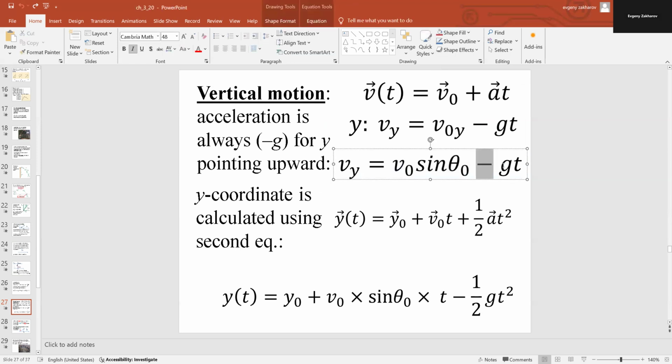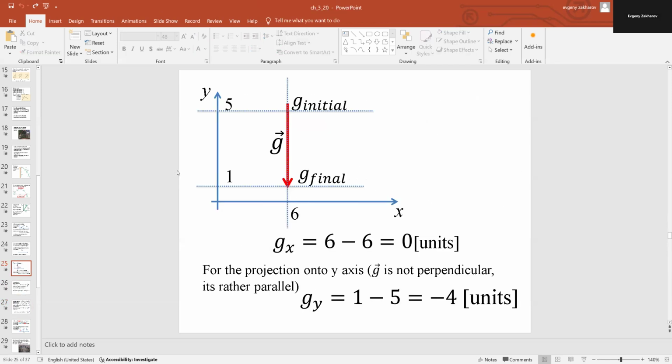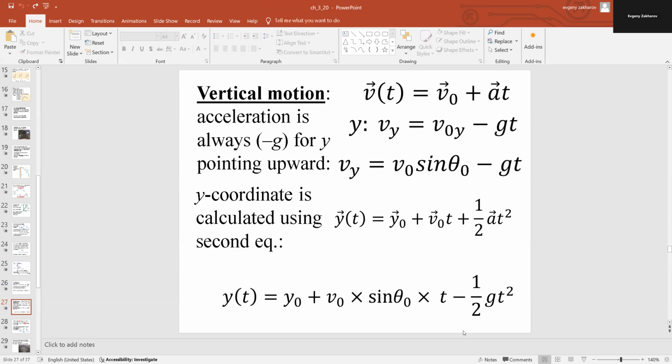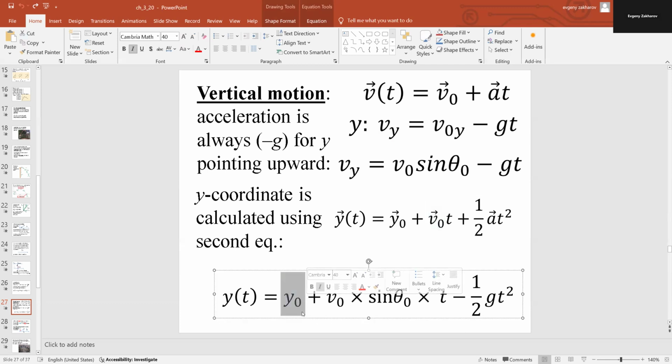And what do we say for acceleration? As before, it is negative 9.8, negative g. It's not 0 because it's not perpendicular anymore, right? It's perpendicular onto x-axis, but it's parallel to y-axis. To be more specific, it's anti-parallel. It's the opposite direction. That's why the value is negative. And for the position function, for the y-axis, chances are you're going to start from the ground, so this is going to be 0.